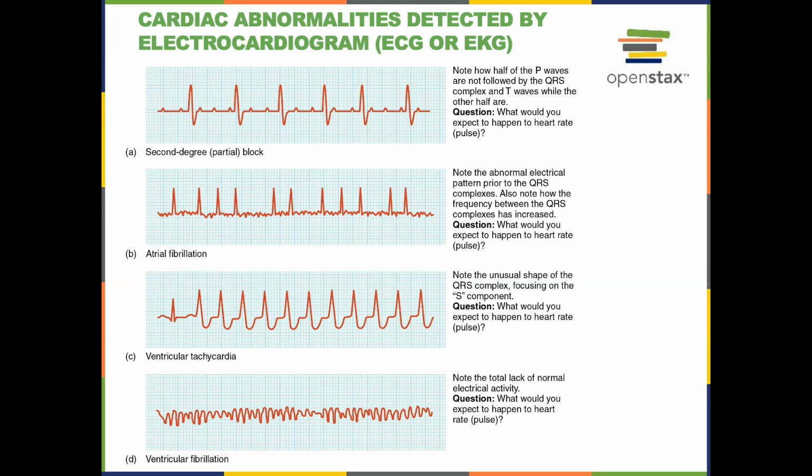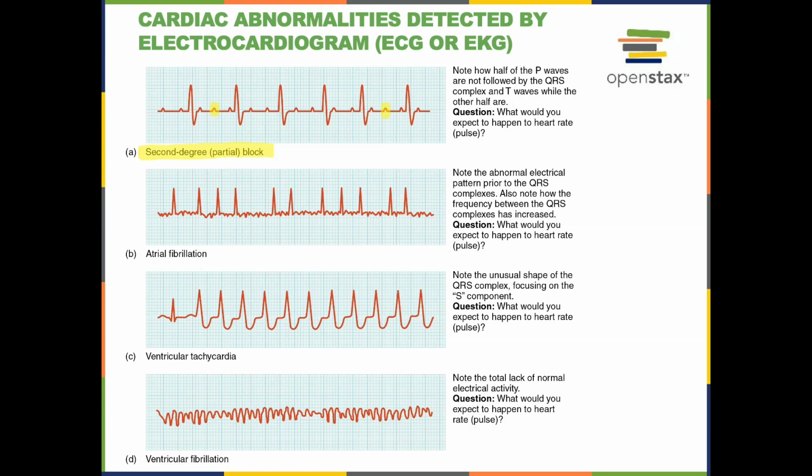The first example of an arrhythmia we see here is this second degree block, or a partial blockage. This occurs when atrial depolarization does not spread through the intrinsic conduction system to stimulate ventricular depolarization. The atria contract without the ventricles contracting.